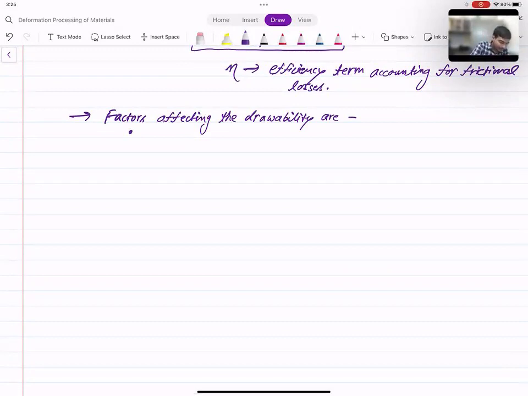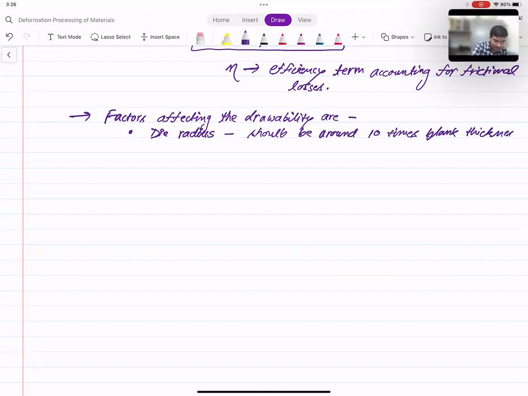So the die radius should be around 10 times the sheet or blank thickness.